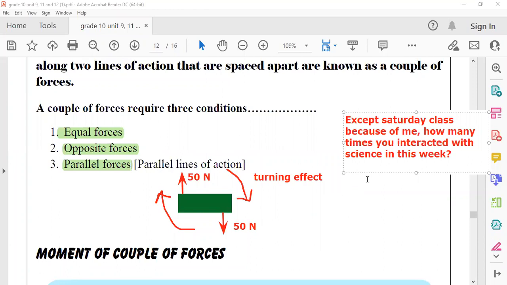That's what I'm asking. Because of this guided program, it can be a Shyamali paper, it can be an MCQ paper, it can be a video. Except Saturday class, within a week, how many times did you interact with the science subject because of this program?